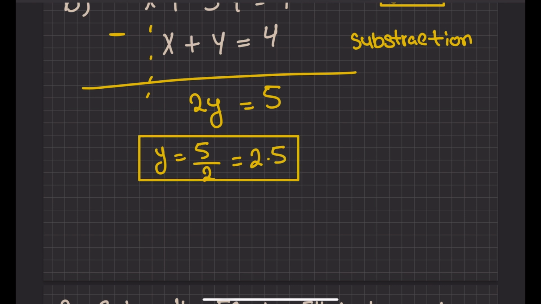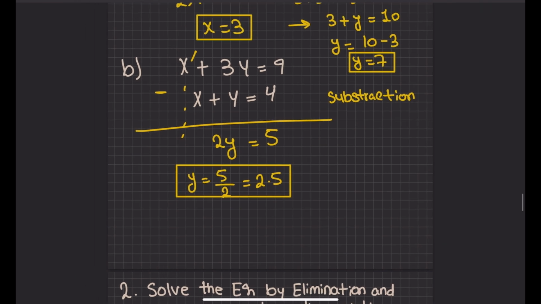I got my y. All I have to do is plug this number into either my first or second equation to find x. I'm going to plug it into the second equation, since if I use the first equation, I have to multiply 2.5 by 3, and I don't want to do that.